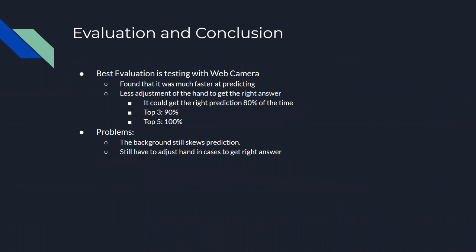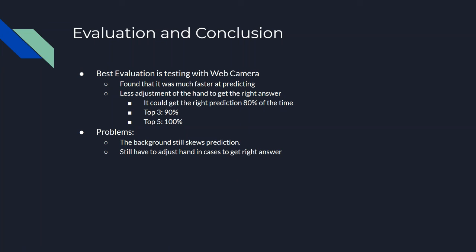All right. As far as evaluating goes, we found that the best way to evaluate was with a webcam. We did have accuracy and mean square error to help figure out overfitting in some of our earlier models, but the best way to evaluate was actually to have the webcam running after we trained it.